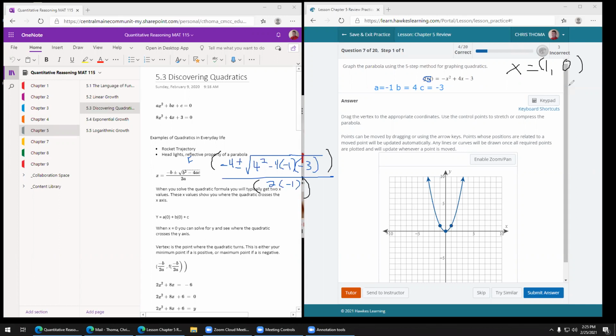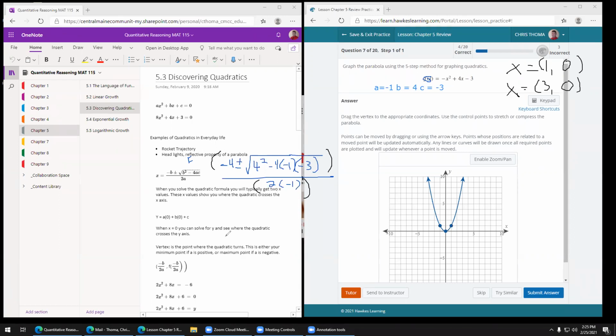Push over on my thing, close parentheses, divided by parentheses, -2, close parentheses, and I get 3. So x equals parentheses 3, comma 0. So that is where the parabola crosses the x-axis, right?